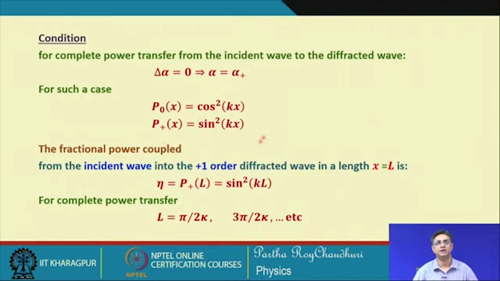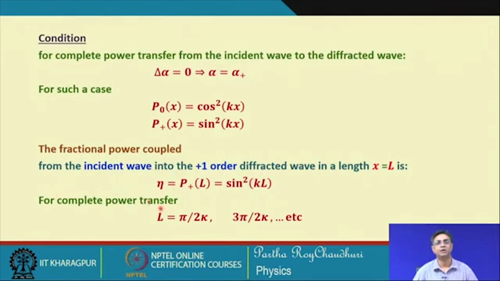If you consider this, you get this equation: the fractional power that is coupled to the plus order is given by this. This is the expression that we will be using for the modulator purpose, and that is what we will call the diffraction efficiency. So, P plus will have sine square of kappa L. This is the fractional power which will be coupled to this.